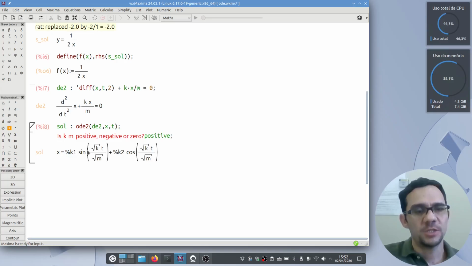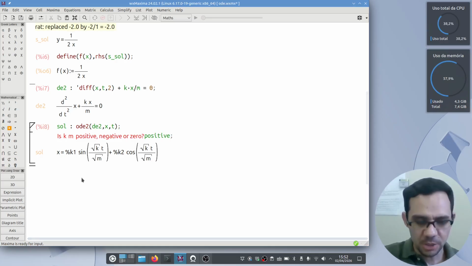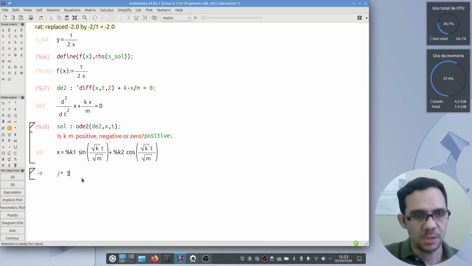In order to find these arbitrary constants, we need to tell Maxima what the initial condition is. Let's say that the initial condition in this case is: when t is 0, x is 0.1, and the initial velocity is 0.